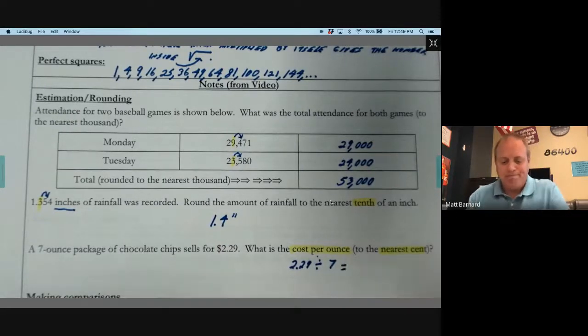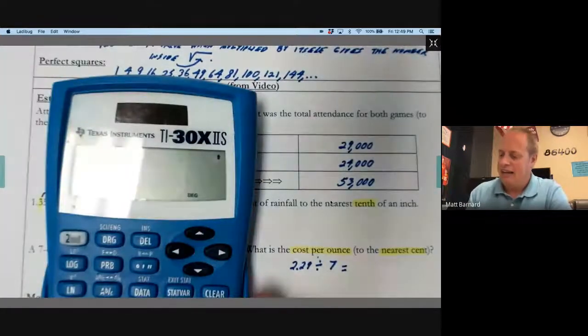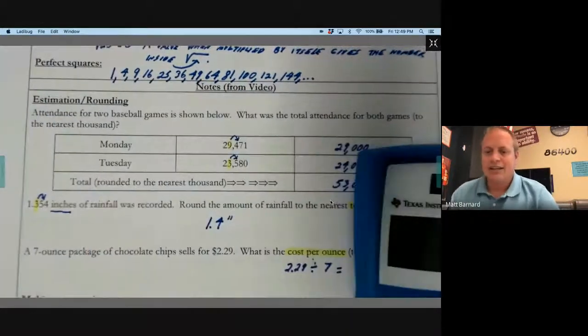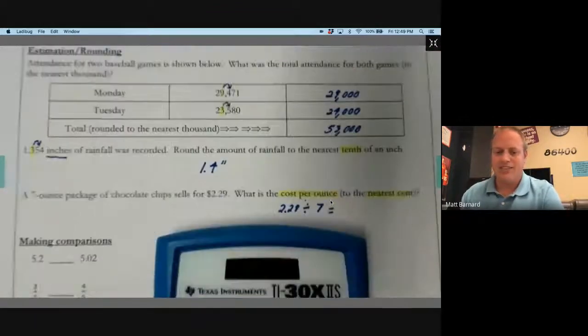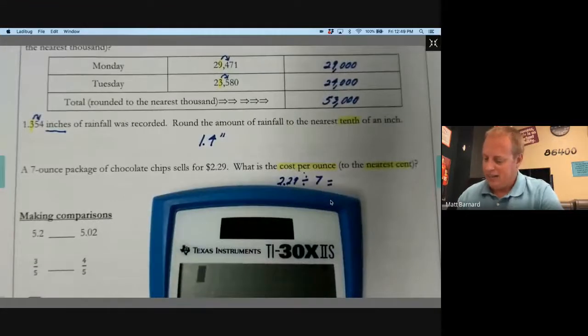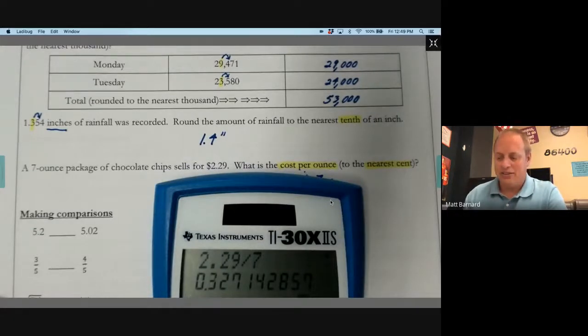And so if we put that on a calculator, which I happen to have one right here, if it doesn't have a huge glare on it, we'll get to a point where we can see it a little bit better. Aha. 2.29 divided by 7. And that's what we end up with.